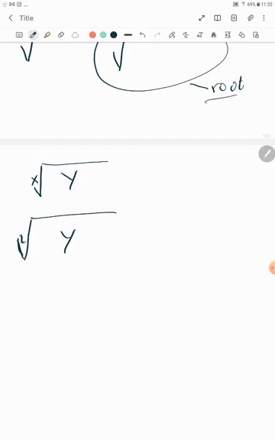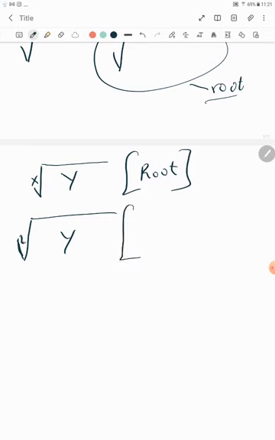Because the number in the place of this x is 2, what kind of root is this? Naturally we can call it root, but because the number outside here is 2, it becomes what we call a square root. Square root because it is 2 that is outside here.